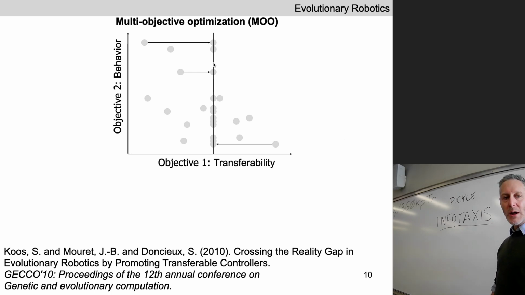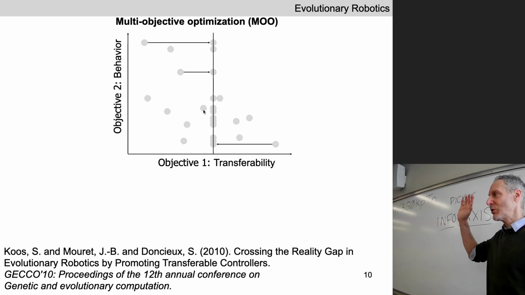We've got 1, 2, 3, 4, 5 individuals that are non-dominated. All the other ones, like this one back here, are dominated by another controller. For example, this controller says, I'm more transferable, and I produce better behavior. So why the heck would we ever send this one?